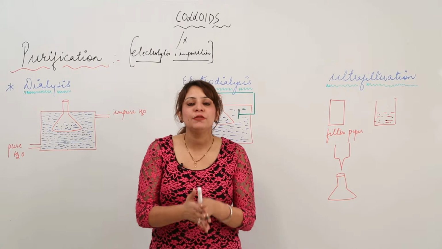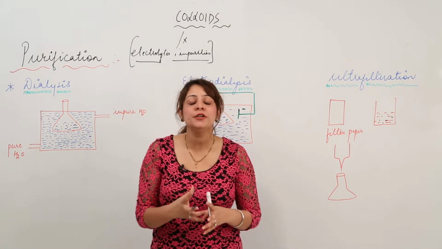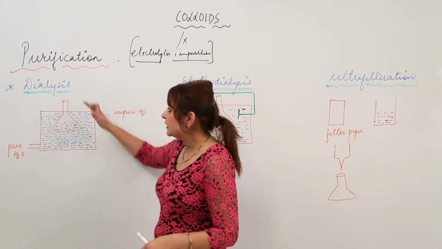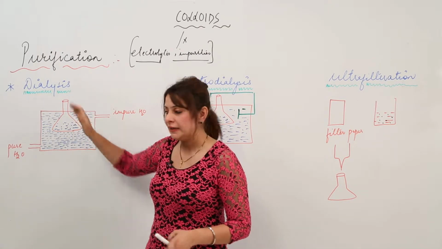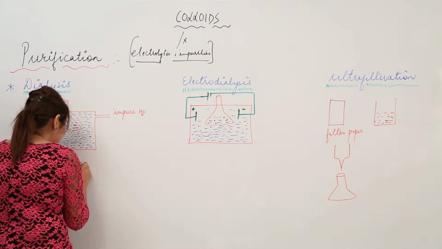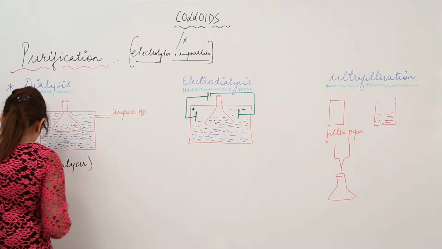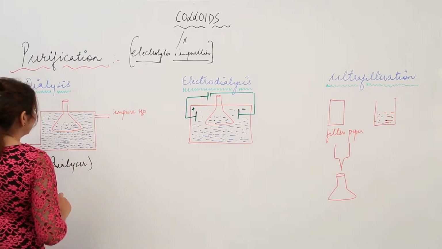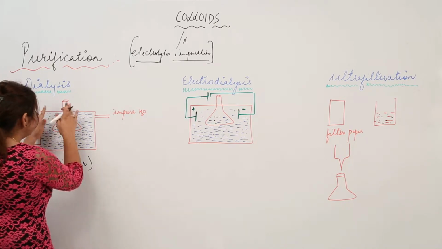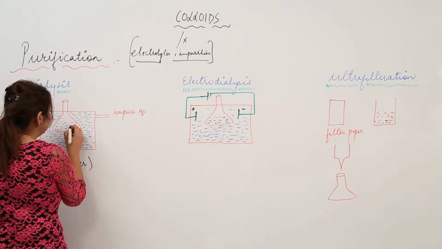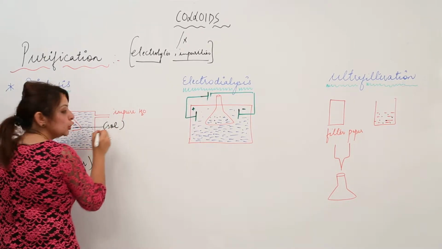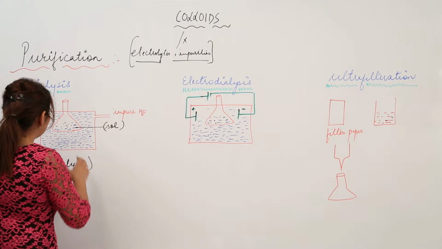And I think it is clear that we need to purify the colloidal solution from the electrolytes and impurities which are present. So, this is the method, dialysis, and this is our dialyzer. Suppose this is a beaker which contains a colloidal solution, this is my sol, and this is the water.